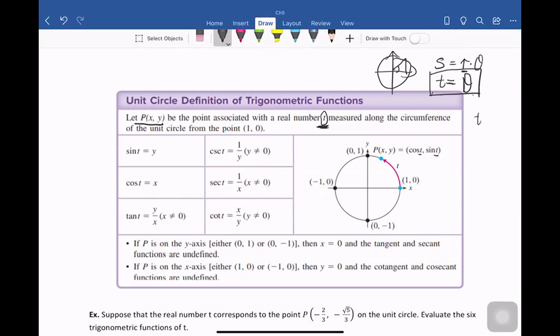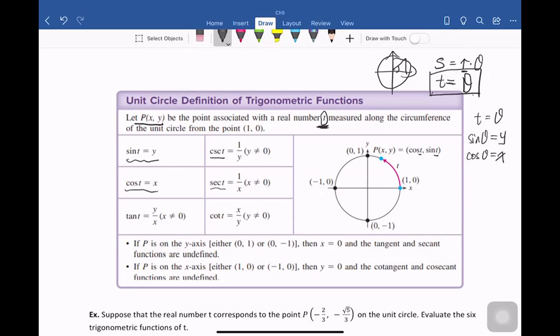So if t equals theta, we have learned that sine theta equals y and cosine theta equals x. So sine t equals y, cosine t equals x, and their reciprocals are cosecant t equals 1 over y, secant t equals 1 over x.